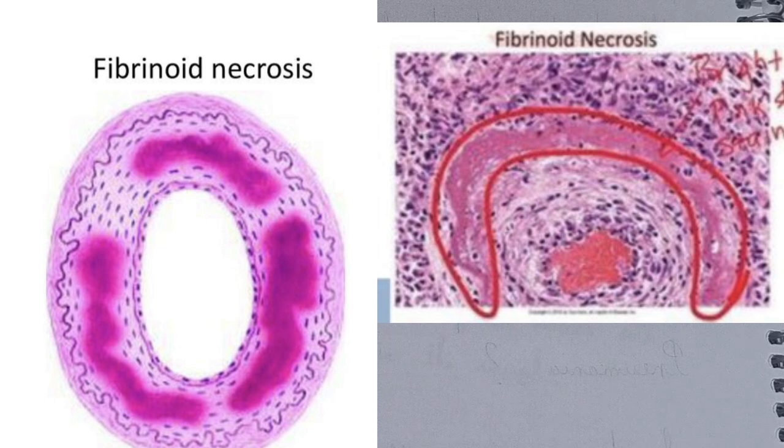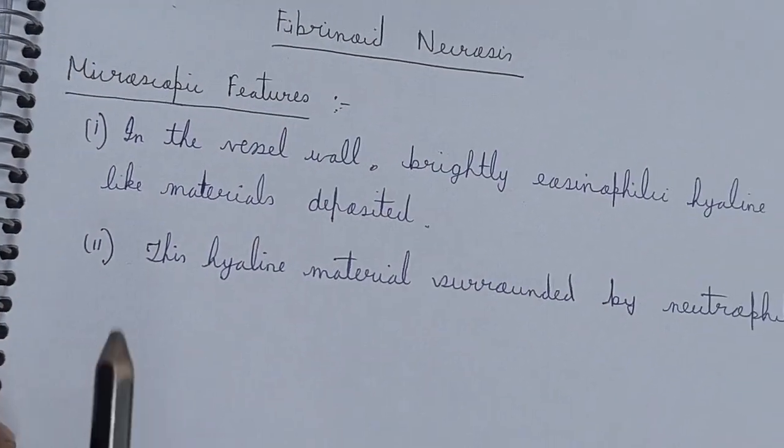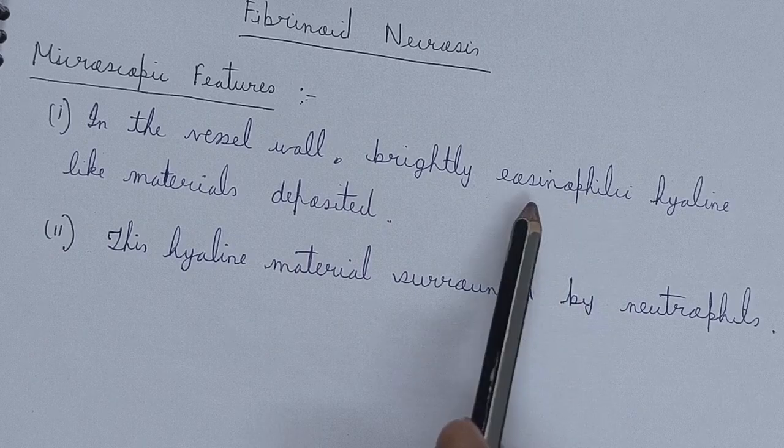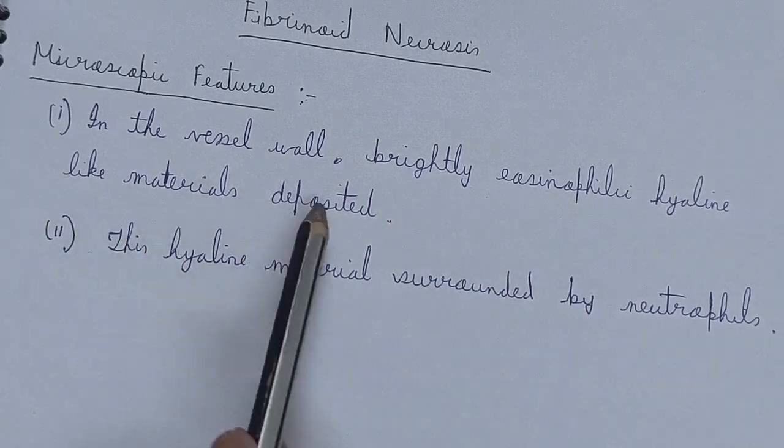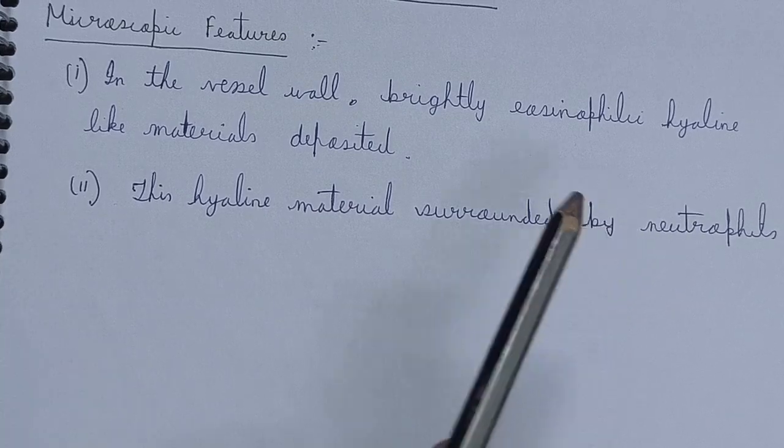These are the only key points that you should remember. The microscopic feature is that in the vessel wall brightly eosinophilic hyaline like material is deposited, and this hyaline like material is surrounded by neutrophils.